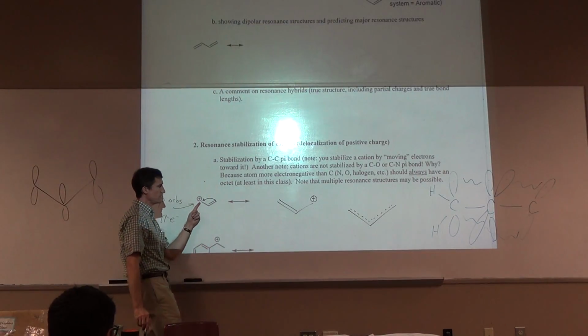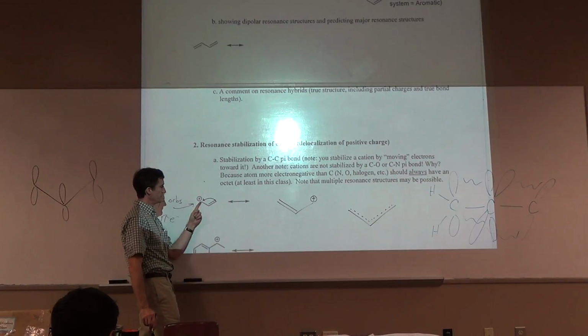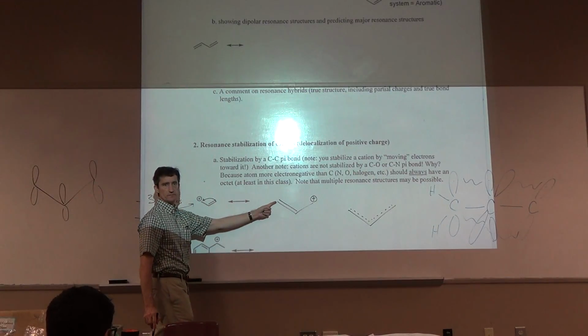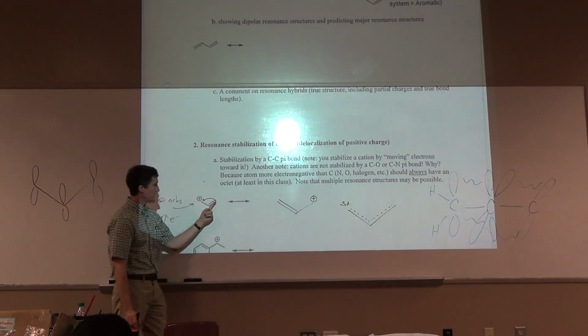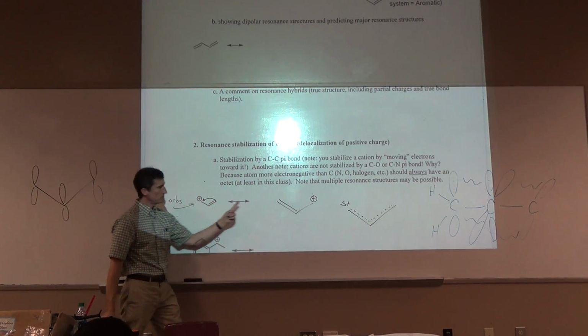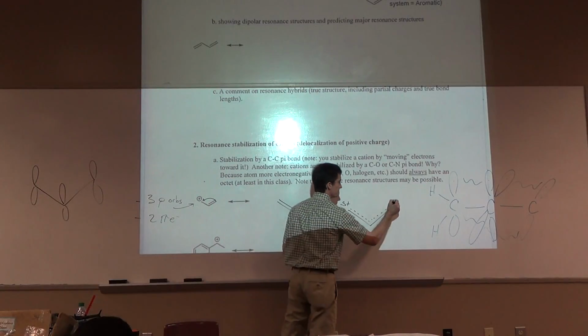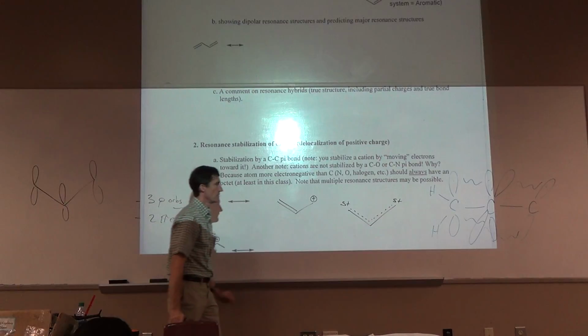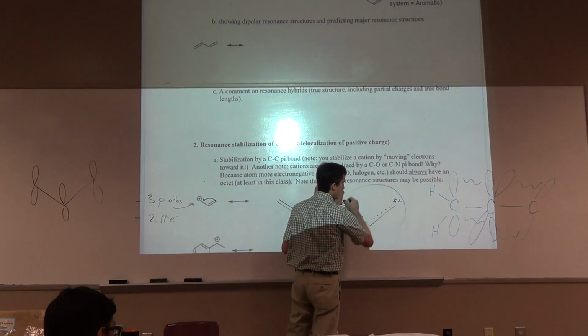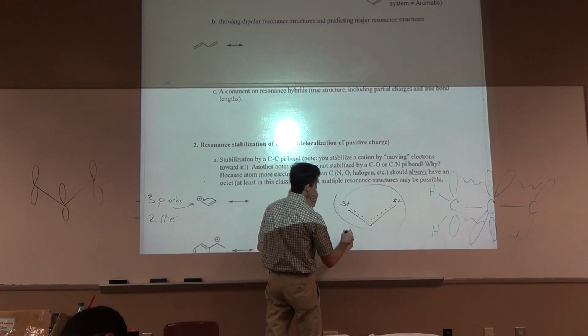Charge. What's the average of positive and neutral? Partial positive. What's the average of neutral and positive? Partial positive. This is your resonance hybrid.